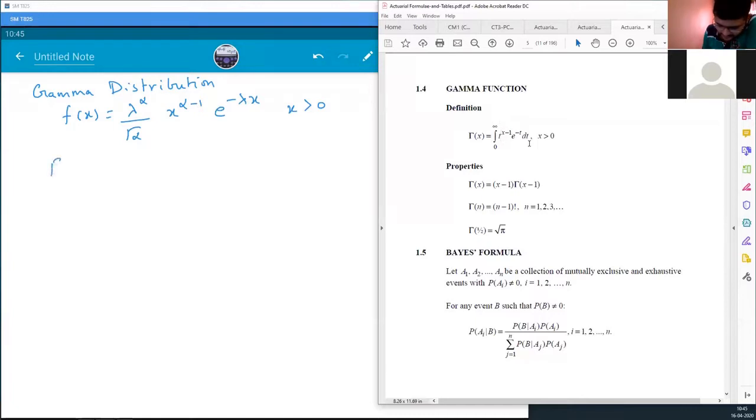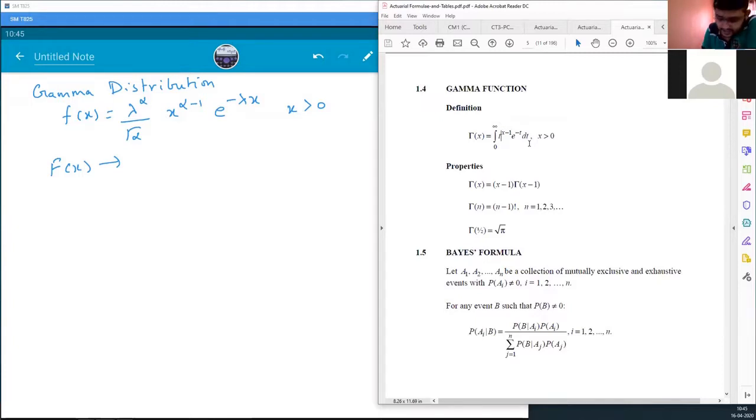Capital F of x we cannot find directly because we'll have to integrate this f of x, and unless we know the value of alpha, we'll not be able to find this integration by parts. Also, if the value of alpha is a non-integer, we'll not be able to find integration by parts. The limitation here is that alpha has to be an integer.